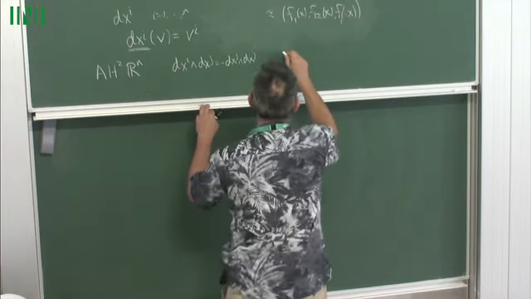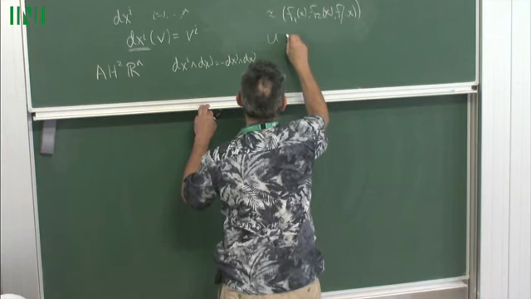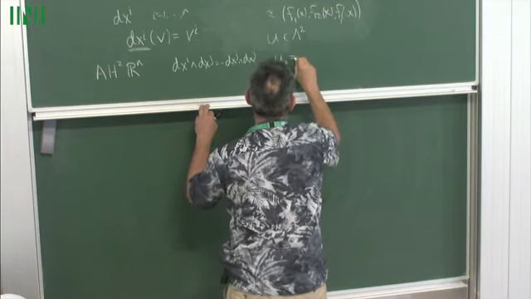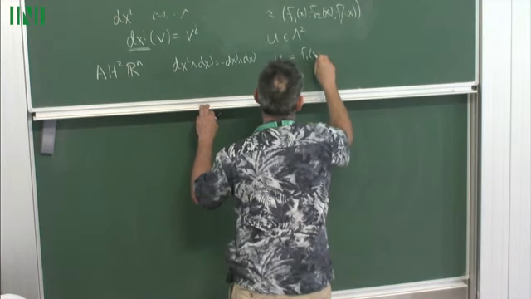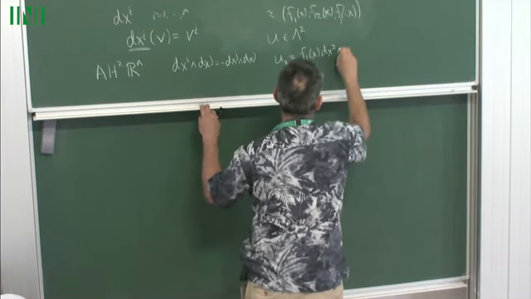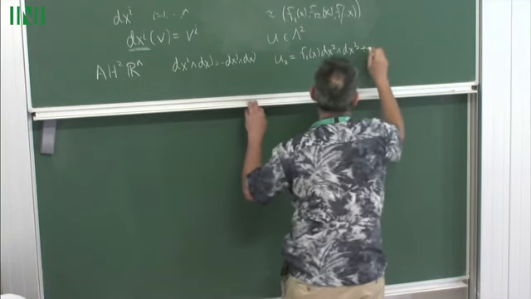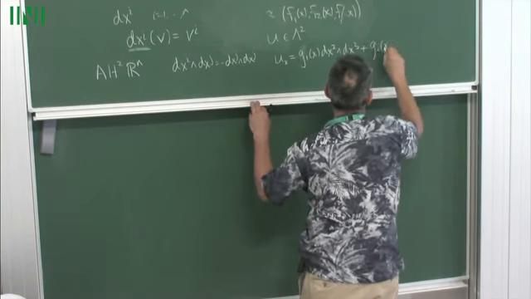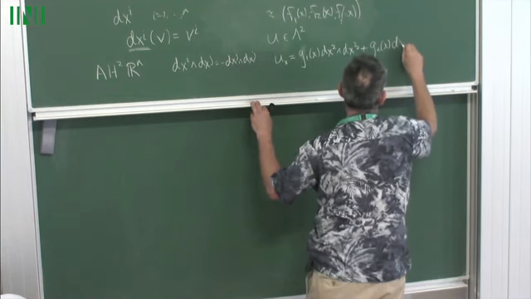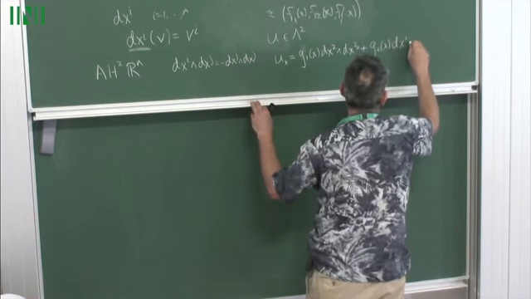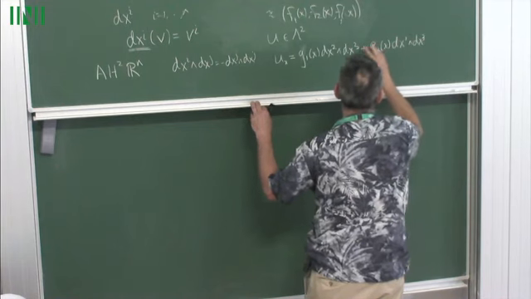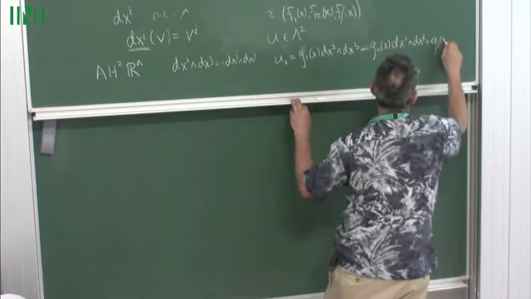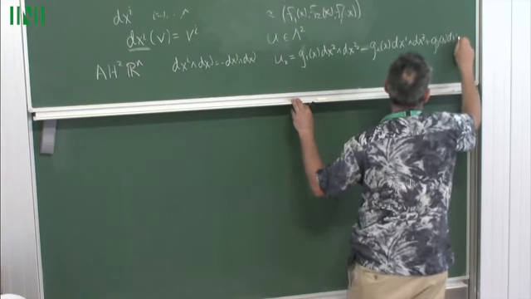And so in 3D, if u is a 2 form, then u at a point x is equal to some f1 of x times dx2 dx3, plus some g2 of x times dx1 dx3, and it's conventional to put a minus here, it gets nicer formulas, plus g3 of x dx1 dx2.